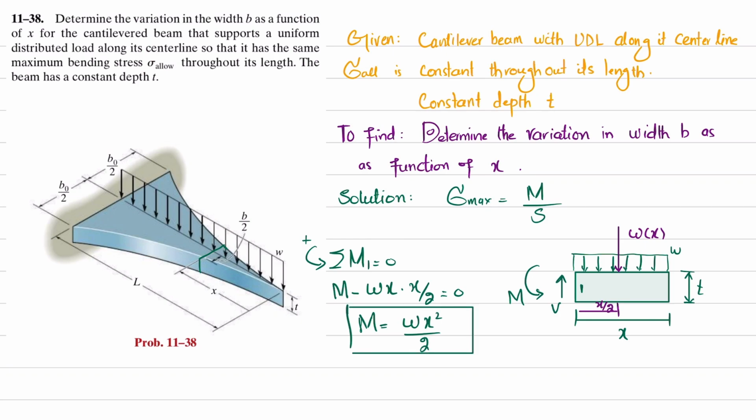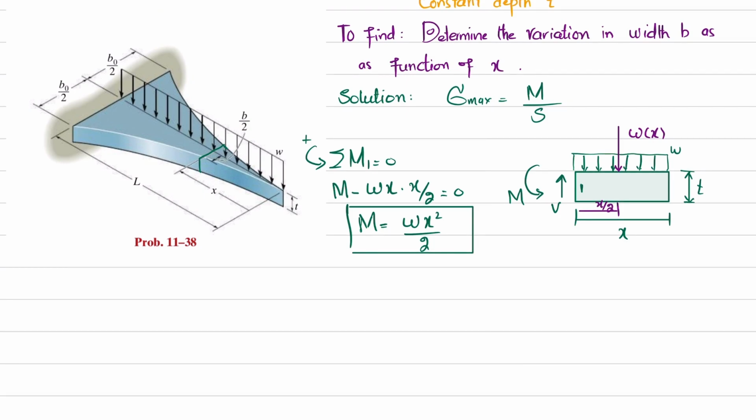Now what about S? We know that S is equal to I divided by C. Again, you can see the section at x. This will be the section.